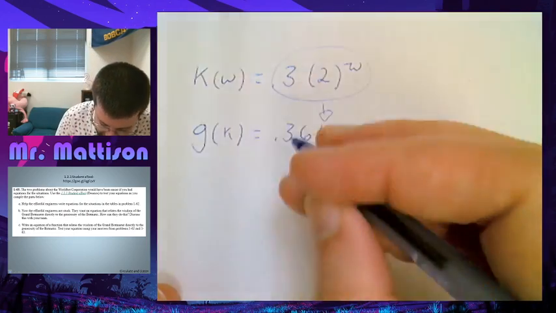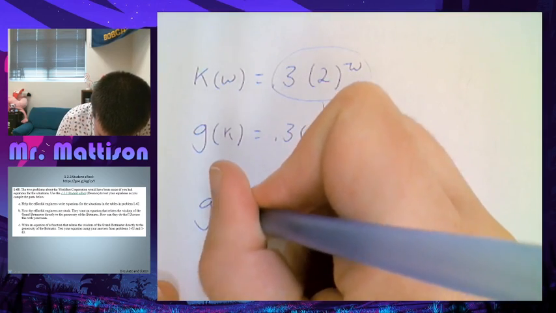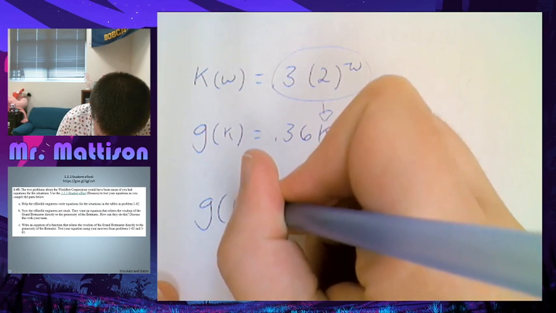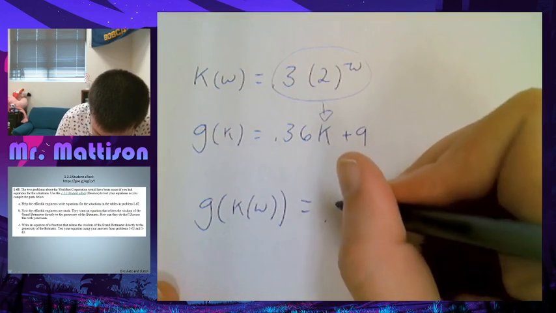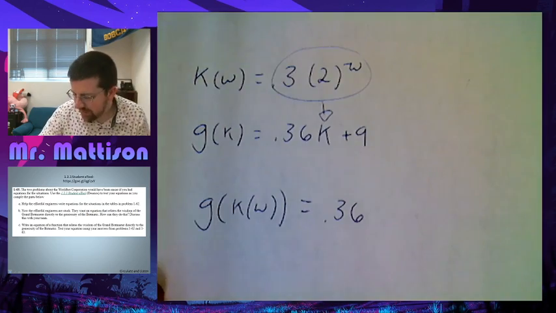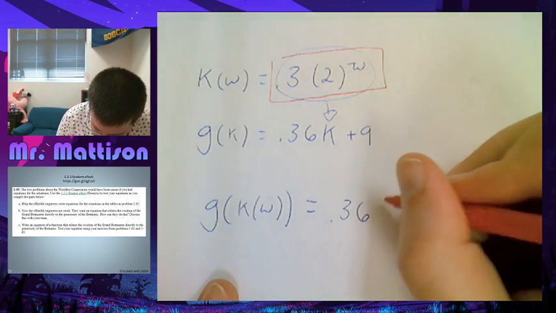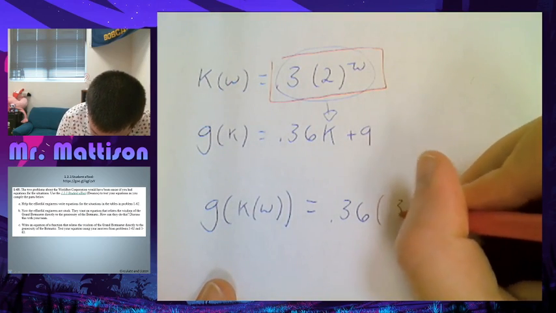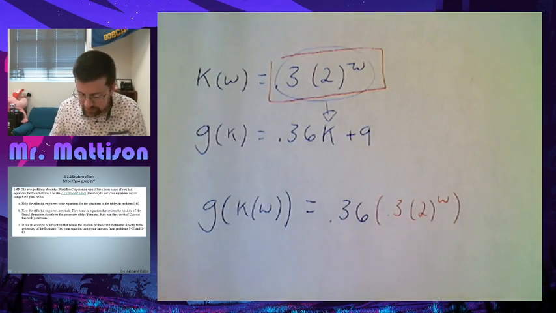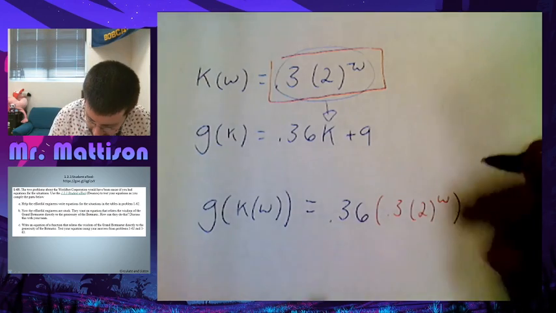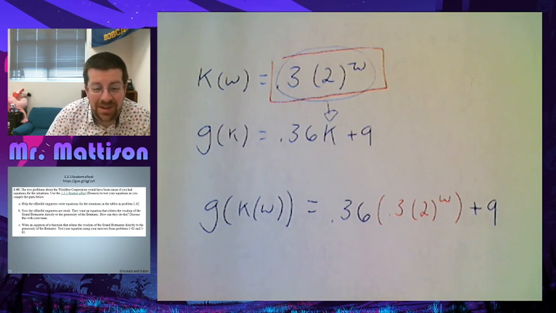So that would give me my generosity from the kindness score from wisdom is equal to 0.36 times, and I'm going to do all of this in red, 0.3 times 2 raised to the w, plus 9. Sorry, almost done, I promise.